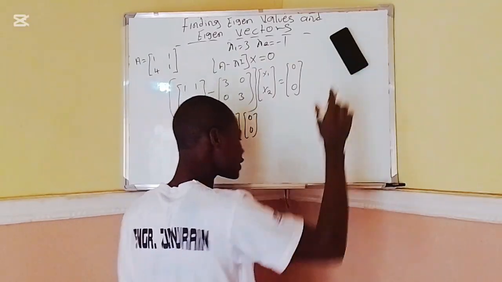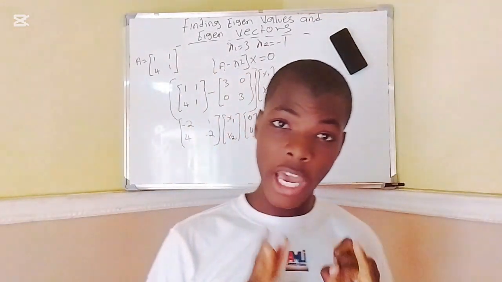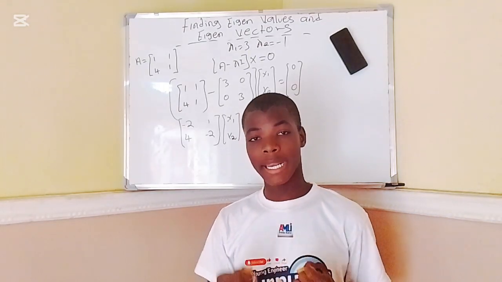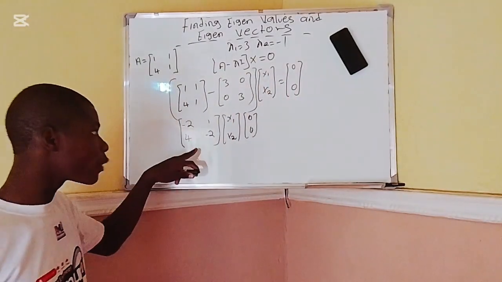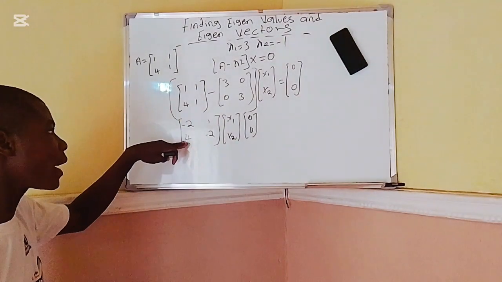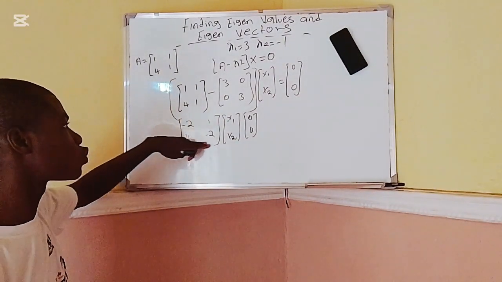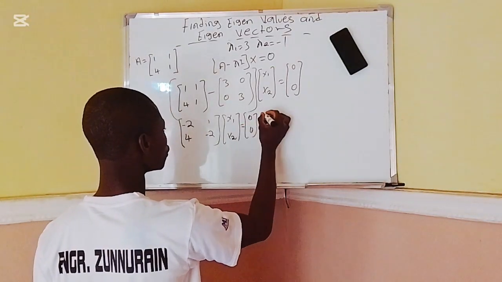If you check my videos, there is a video that I made on reduced row echelon form and row echelon form, which are Gauss-Jordan and Gaussian elimination. We have to use the reduced row echelon form here because we have to make these numbers 0. So how can I make them 0?